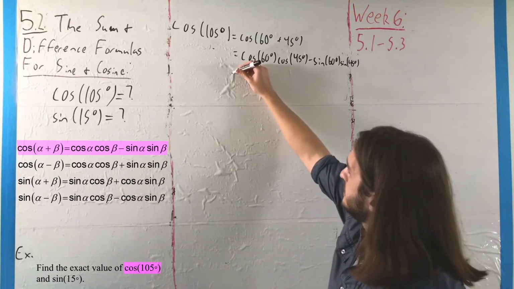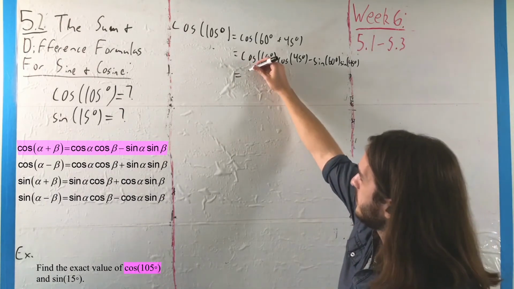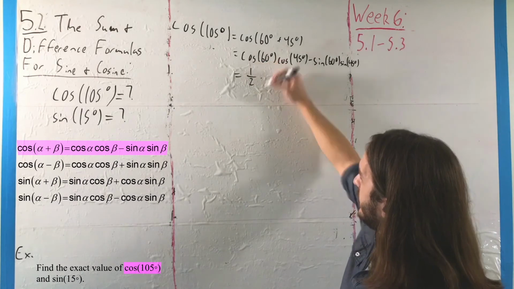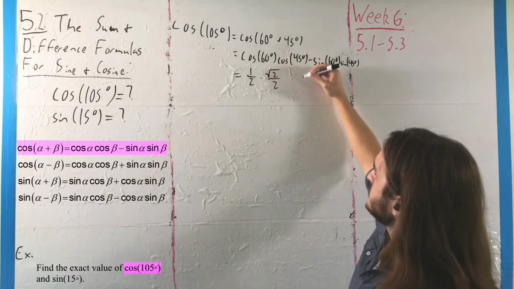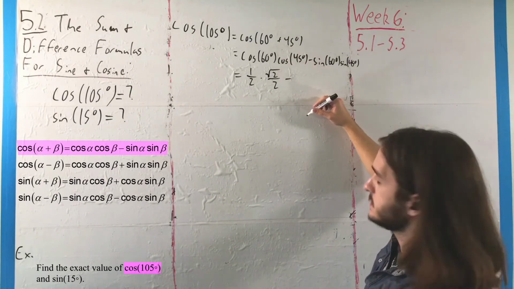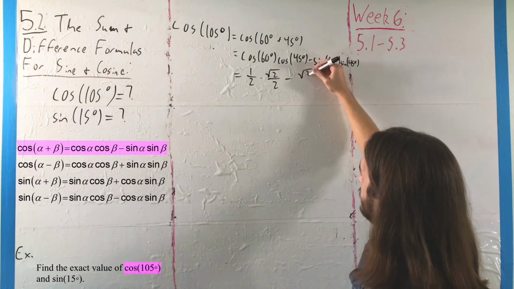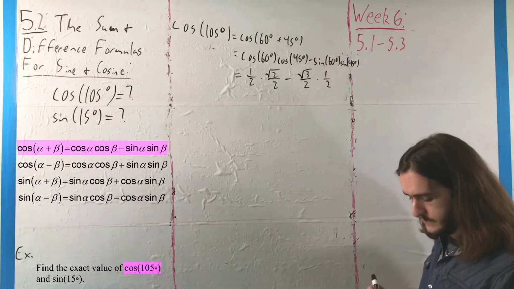From there, we can evaluate all of these: cosine of 60 degrees is 1/2, while cosine of 45 is root 2 over 2, minus sine of 60 degrees, which is root 3 over 2, and that is another 1/2.